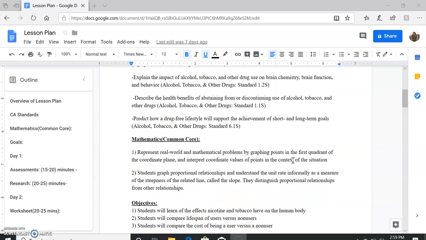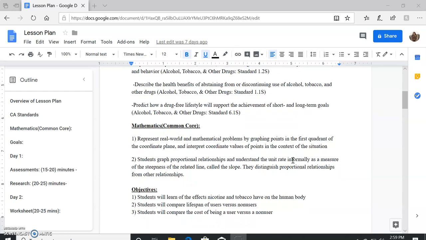It covers mathematics, Common Core standards, such as represent real-world and mathematical problems by graphing points in the first quadrant of the coordinate plane, and interpret coordinate values of points in the context of the situation, which means basically making a graph that makes sense and is applicable.